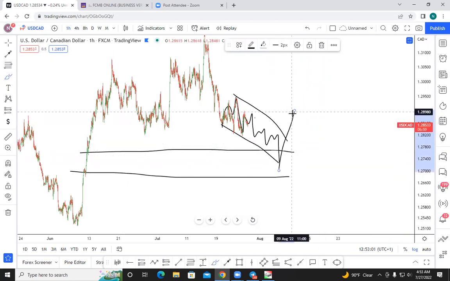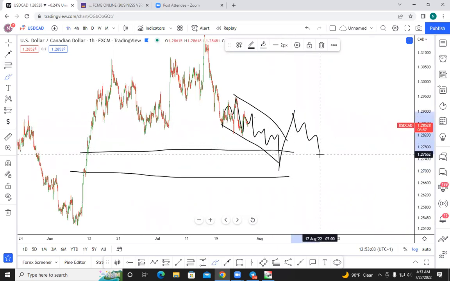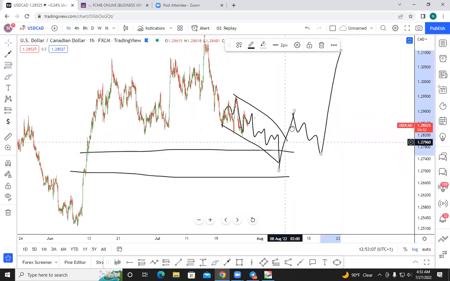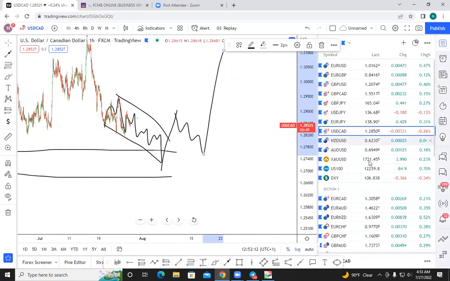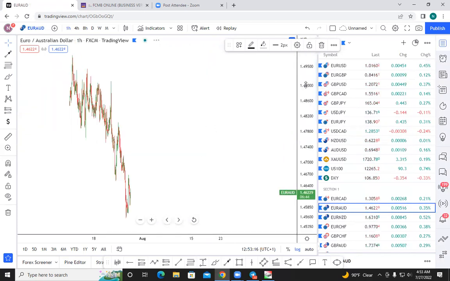Then we find the corrective structure of that move and take a buy to the upside. Can I show you an example of a fine move that I'm expecting? Let's go to EUR AUD. Let me just show you an example of that move.